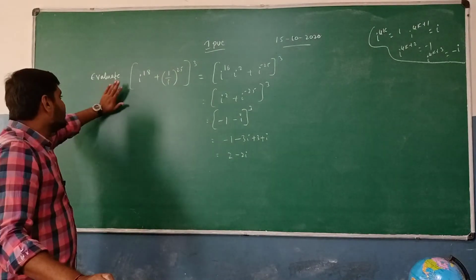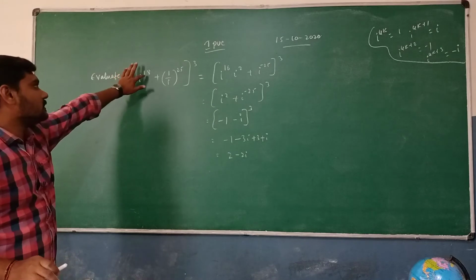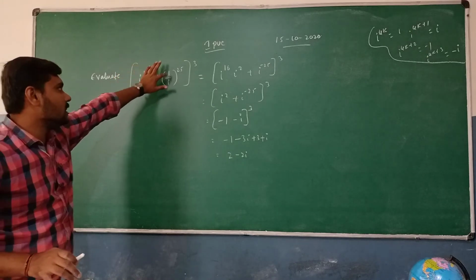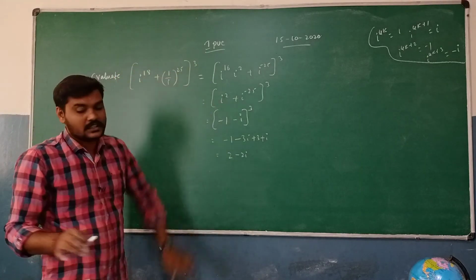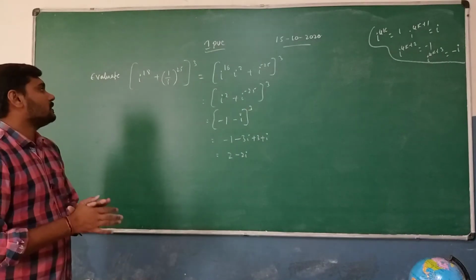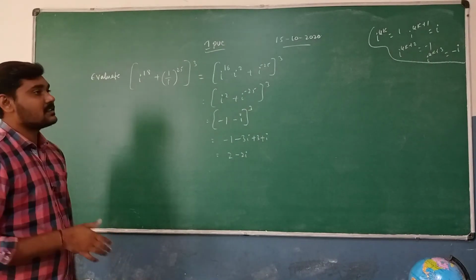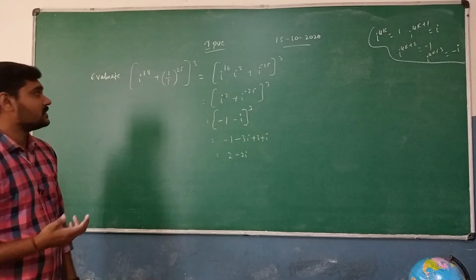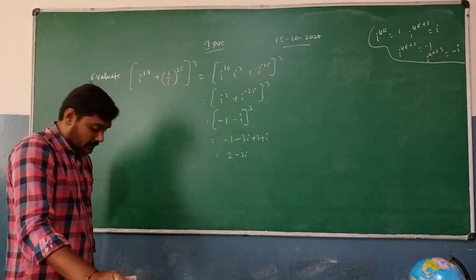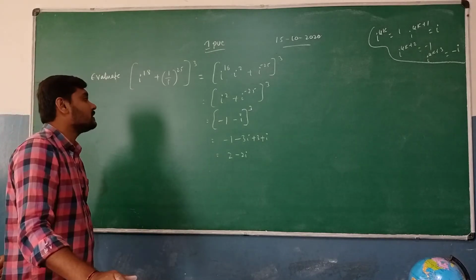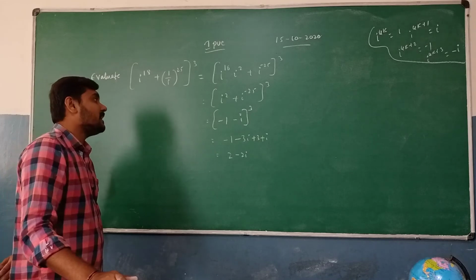So evaluate I to the power 18 plus 1 divided by I to the power 25, whole to the power 3. That's going to be equal to I to the power 16 into I square, because 18 can be expressed as 16 plus 2, plus I to the power minus 25.